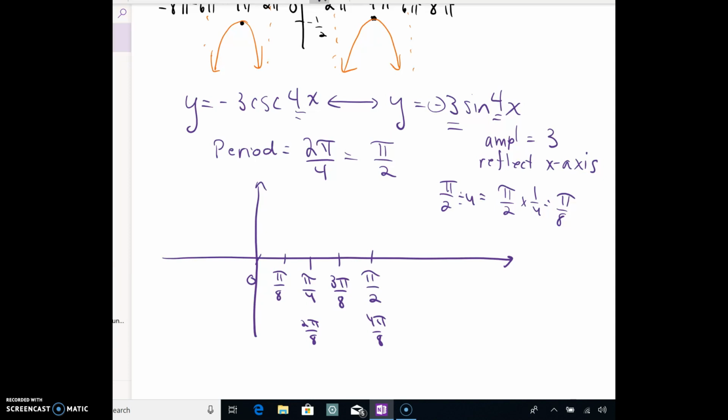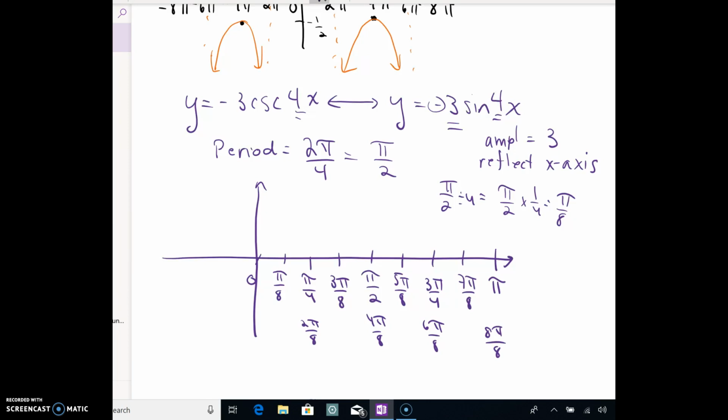Again, because we want to do 2 complete periods, I'm just going to continue to extend this out to the right. 4 pi over 8 plus pi over 8 is 5 pi over 8. 5 pi over 8 plus pi over 8 is 6 pi over 8, which reduces to 3 pi over 4. 6 pi over 8 plus pi over 8 is 7 pi over 8. And 7 pi over 8 plus pi over 8 is 8 pi over 8, which reduces down to just pi.